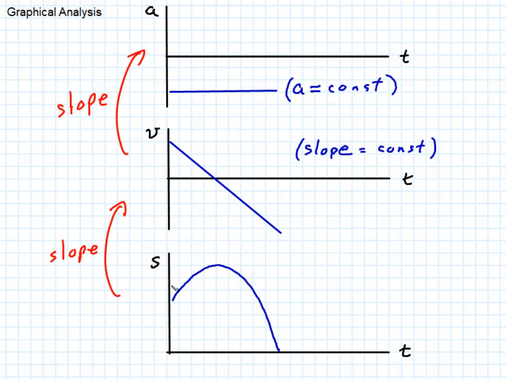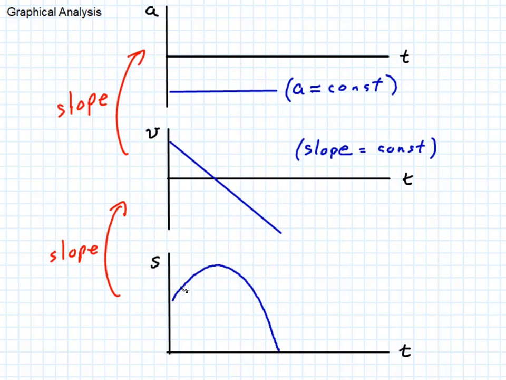If I start with our position versus time graph, it turns out in the case of motion under the influence of gravity, it was a parabola, and we actually fit a parabola to it, and it came out very good. We're going to see later on the reason why it is a parabola, but we'll come back to that. Notice that from this graph, we can derive a second graph by simply taking the slope at every point along the way. We come up with the velocity as a function of time.